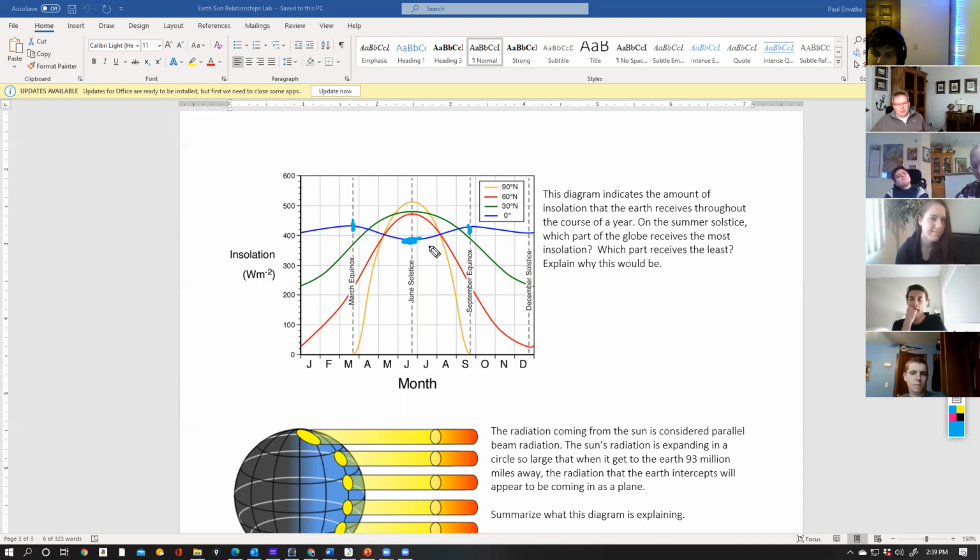The minimum is around 380 watts per meter squared. The maximum is like 440. So it's only 60 watts per meter squared different. But there is some seasonal temperature change. Now, what if I go to 30 degrees north? In the winter, the least amount is around 240. And the most is around 480. So do you understand that at 30 degrees, there's going to be greater variability because of seasons?